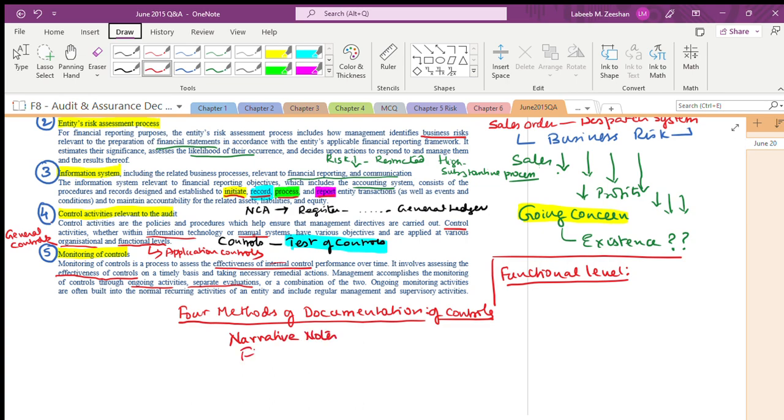Narrative notes, okay. Flow chart, narrative documentation, something like that. Internal evaluation questionnaires. Okay, tell me the last one.